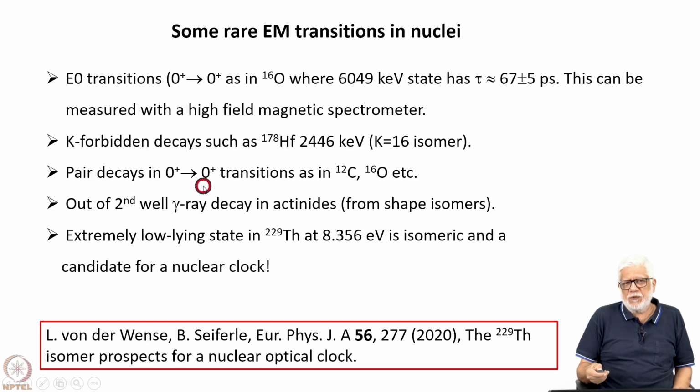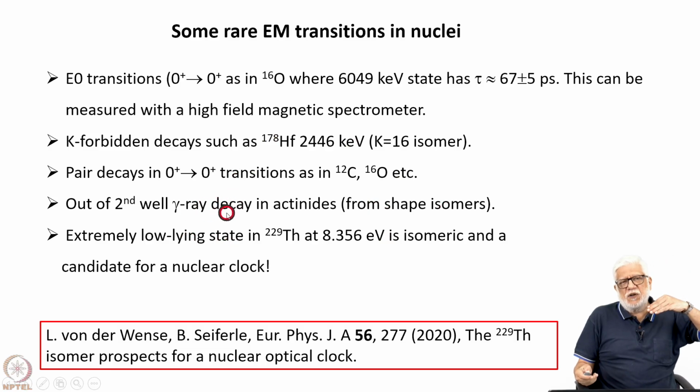Pair decays, of course, have been observed from 0 plus to 0 plus transitions in carbon 12 and oxygen 16. Similarly, just as you have K isomers, you have shape isomers. This can happen where you have heavy nuclei with a second minimum, as we saw in an earlier lecture. If a nucleus exists in the ground state in the second well, then it can either fission or decay through gamma ray decay.